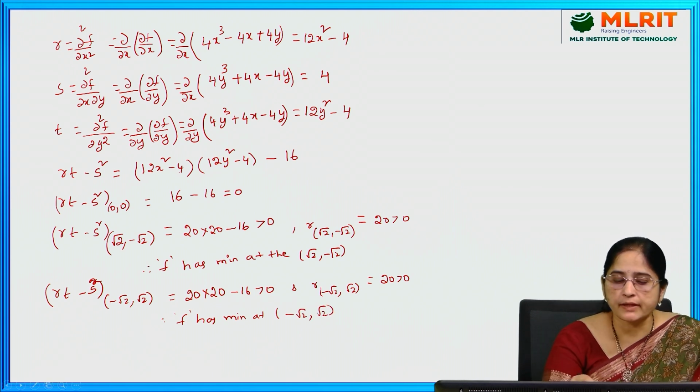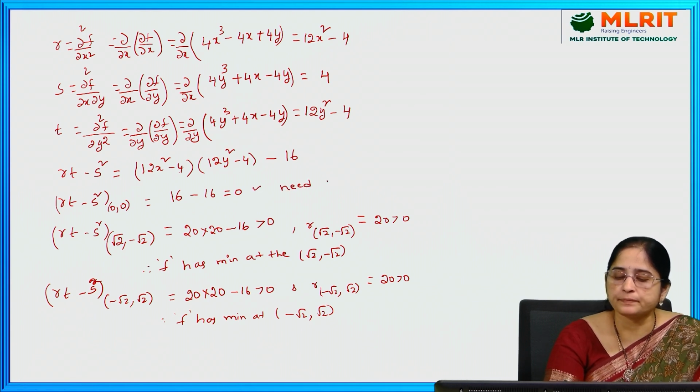At 0, 0, rt minus s square equals 0, which needs further investigation.